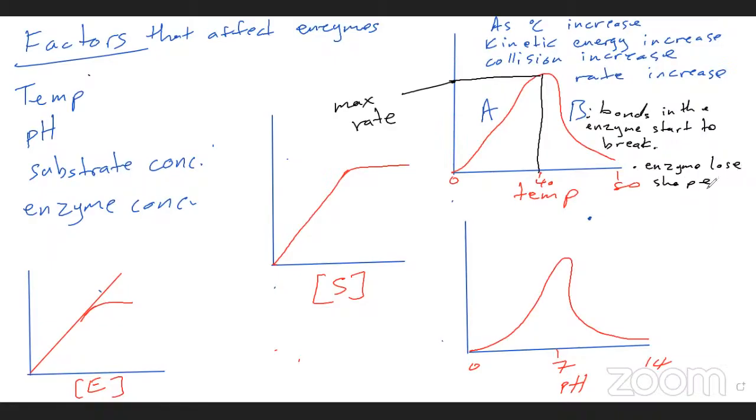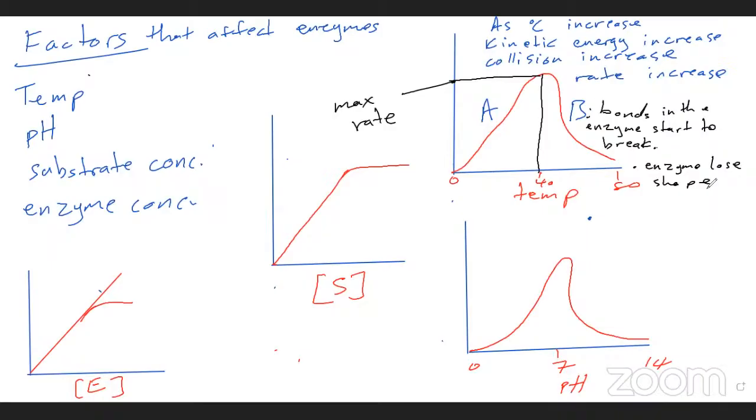When I say the enzyme loses shape, it is the tertiary structure of the enzyme that is changing. It is falling apart, in a sense. Is that due to the amino acid bonds breaking? Not the amino acid bonds. Not the peptide bonds, but bonds like the hydrogen bonds, the intermolecular forces.